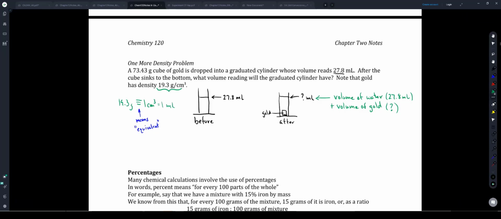So let's change this into 19.3 grams is equivalent to 1 milliliter. And now all we have to do is find the volume of the gold. So that's a conversion. I've got 73.43 grams of gold.